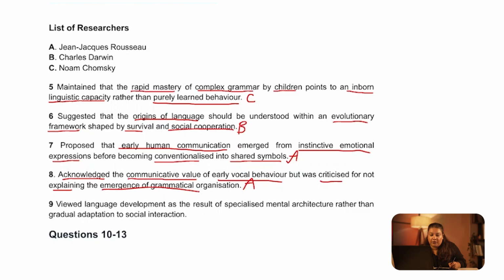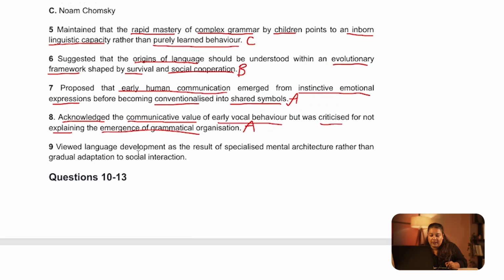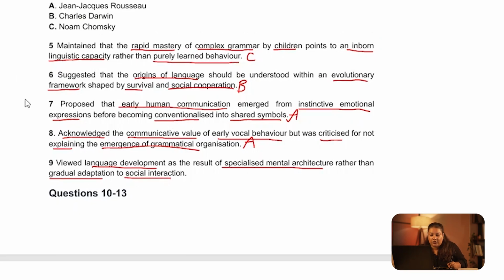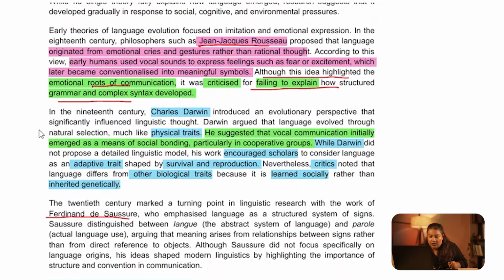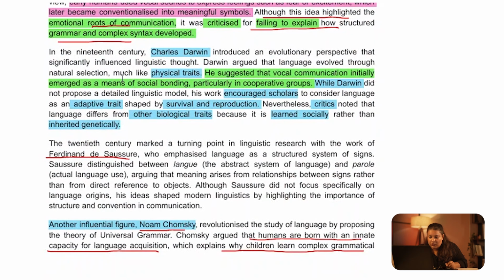Now let's do question number 9. Viewed language development as the result of specialized mental architecture rather than gradual adaptation to social interaction. So let's underline some keywords. Language development, specialized mental architecture, gradual adaptation to social interaction. Now let's go back, start skimming and scanning. I don't think we would have it here. Did Charles Darwin say this?